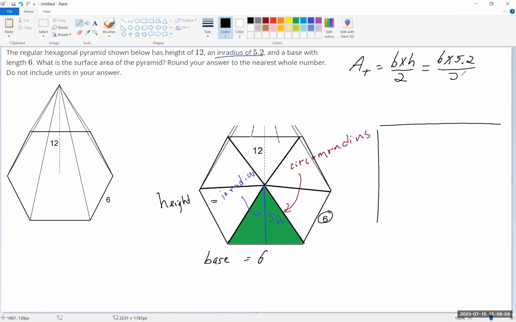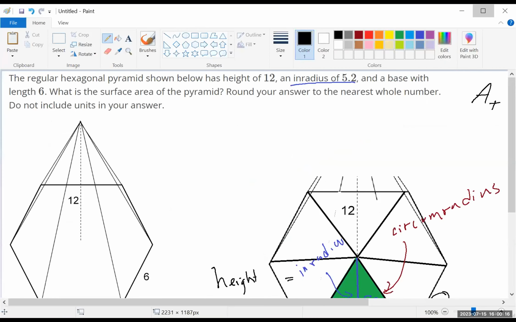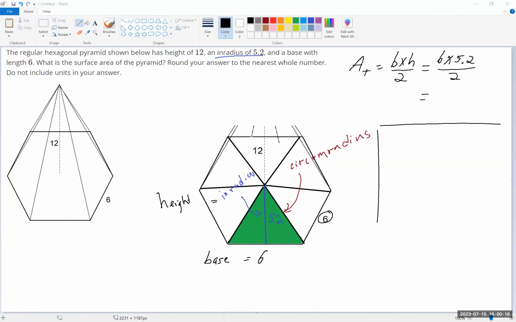Then we divide that by 2. And if I use my calculator here, which I don't think you're gonna be able to see, but it's okay because it's just 6 times 5.2 divided by 2. So I'm getting 15.6.